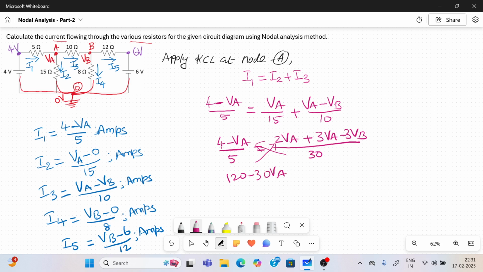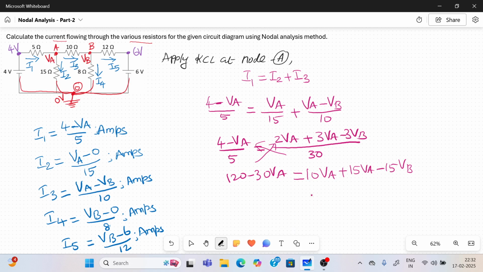So this 30 will be multiplied with 4. 4 3s are 12, so 30 will be 120. So 30 VA is equal to, so 2 5s are 10 VA plus 15 VA minus 15 VB. Finally, what happened?